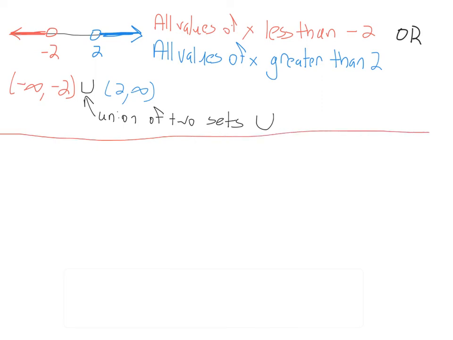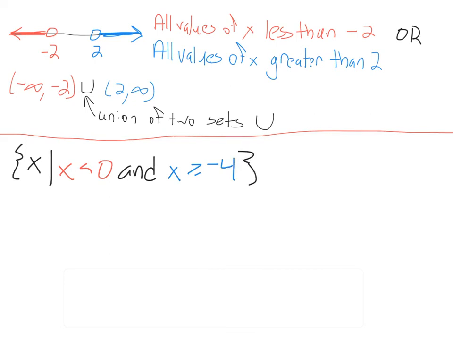Okay, one more example. Let's say here we have the set of all values of x, where x is less than 0, and the values of x that are greater than or equal to minus 4. Okay, and we want to write this set in interval notation. We don't have to do this, but maybe let's first get a picture of this using a number line.